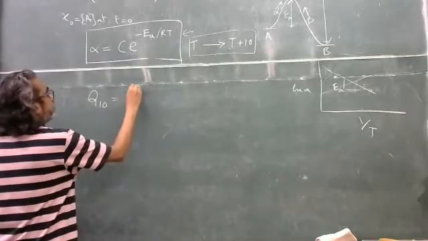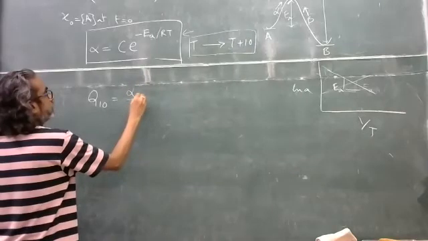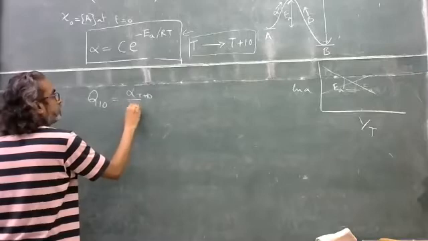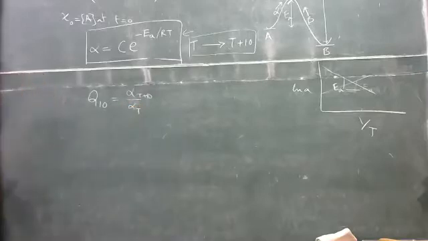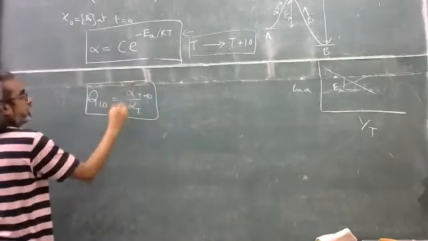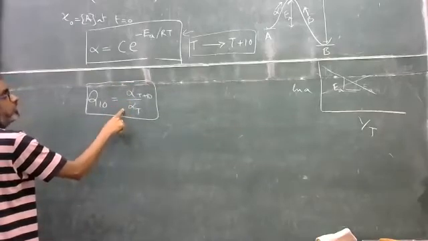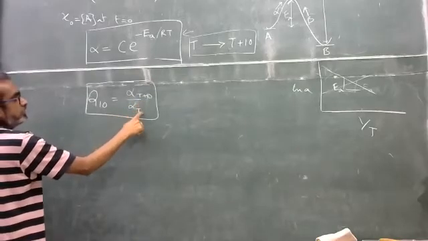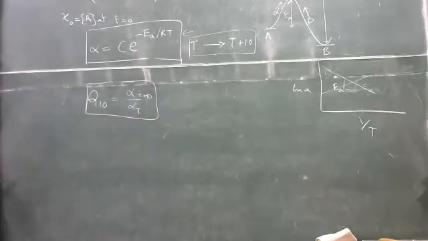So this is basically alpha at T plus 10 divided by alpha at T. This is a useful parameter, sometimes called the Q10 parameter. Q10 is the factor by which the rate changes when you change the temperature, let's say room temperature, by 10 degrees Celsius.